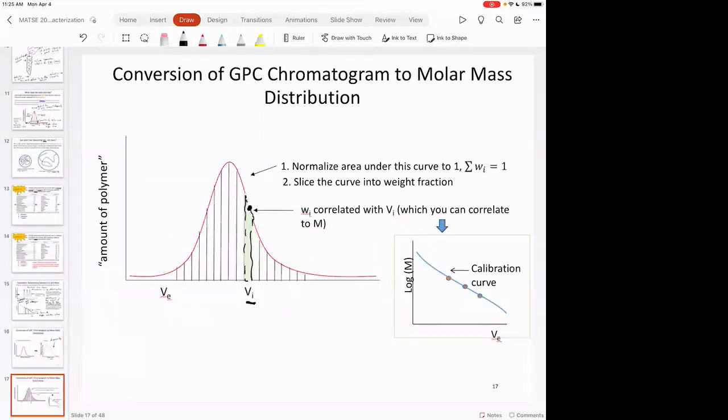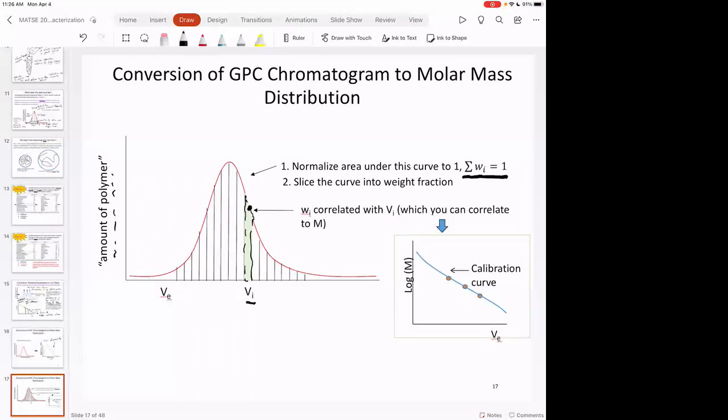And so what we do is, this amount of polymer is relative, and so we have to normalize the area under the curve to 1. Why do we normalize the weight fraction to 1, or the area under this curve? Anyone know why we do that? Mole fractions and weight fractions have to add up to what? 1, right?